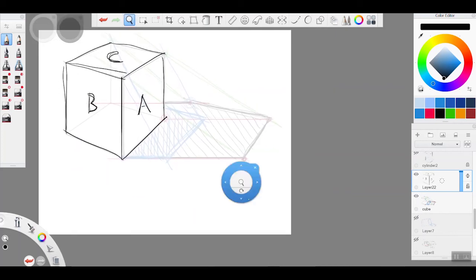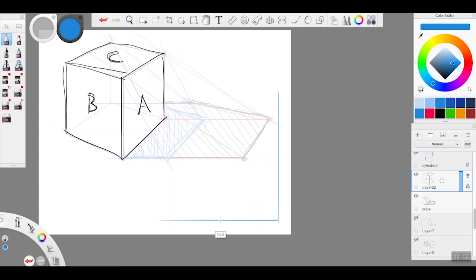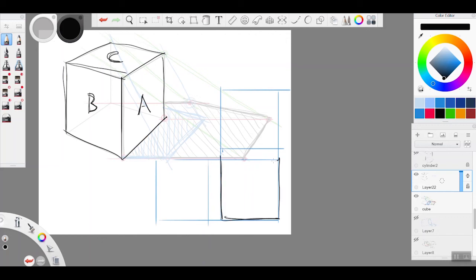The orthographic, again, setting up the same kind of underlay grid to keep us in alignment, would be roughly the same. So if this is the A graphic, this would be the B graphic, and this would be the C graphic.